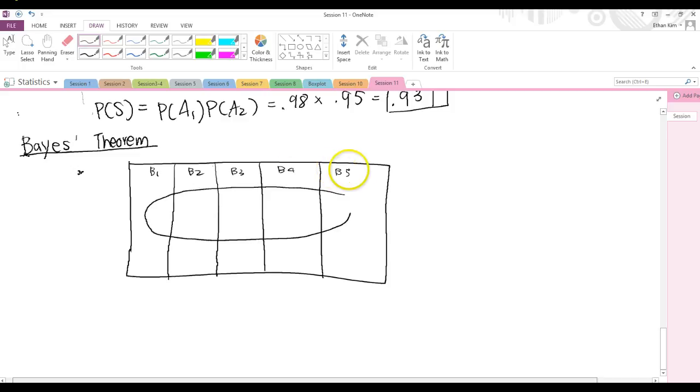Say this is the event A. The space of event A is divided into 5 different sections, B1 through B5.